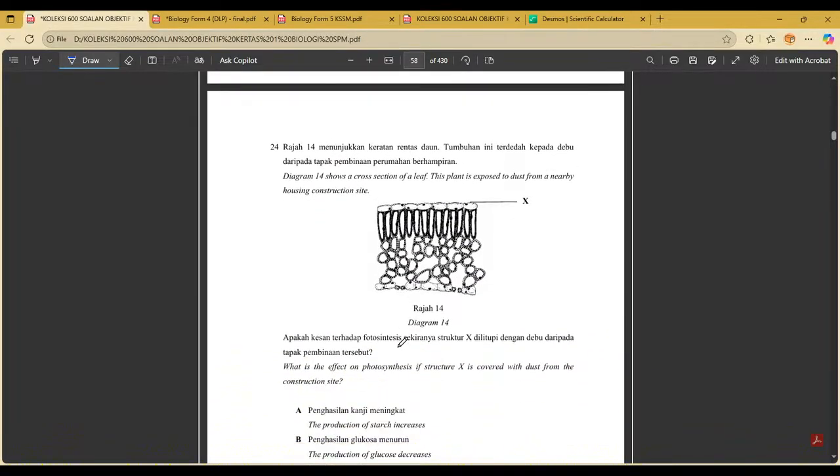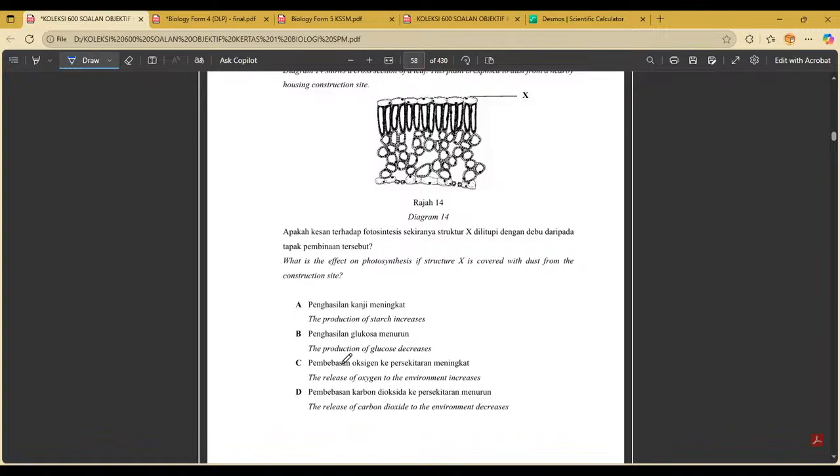24 shows what's the effect on photosynthesis if structure X is covered in dust from the construction site. Production of glucose decreases because photosynthesis decreases.